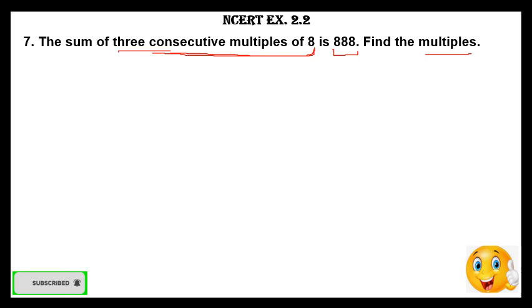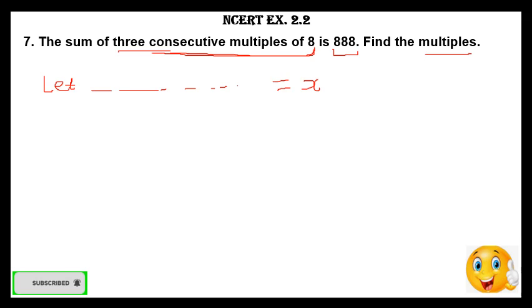So here we need to let the multiples of 8. Let the first multiple of 8 be x. What will be the second multiple? We have to take three consecutive multiples of 8, so the second multiple will be 8 more than x.